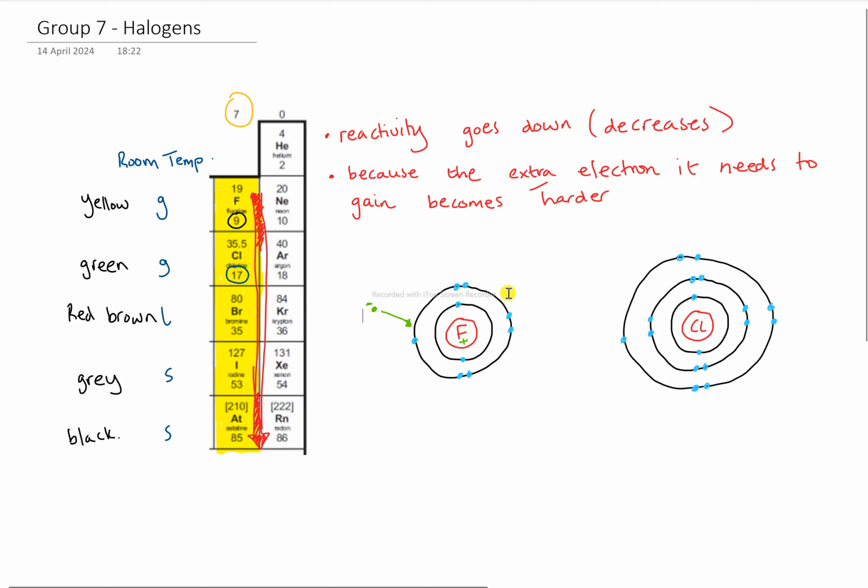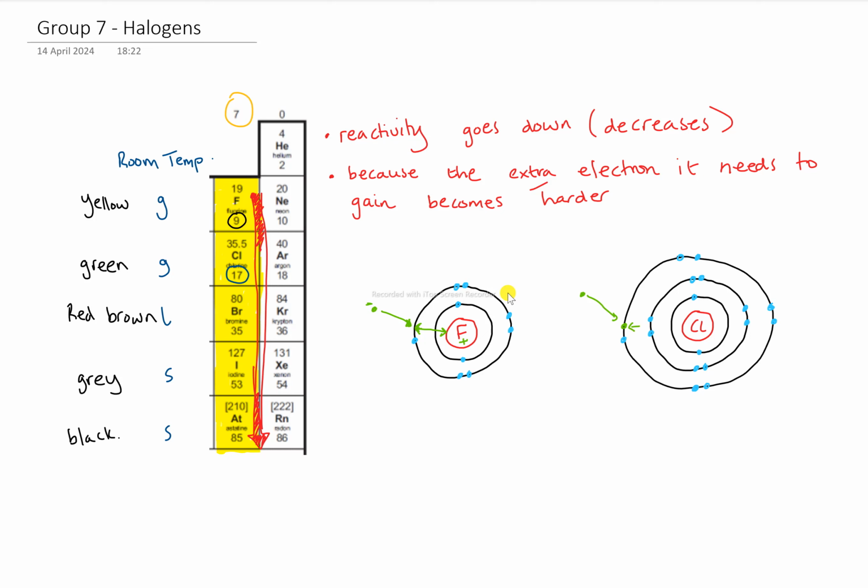Now, if you look at the distance, it's relatively short. At this level, that's all you need to know. It's relatively short, and there's less electrons in between shielding it. Now, with this one, this electron needs to go here.